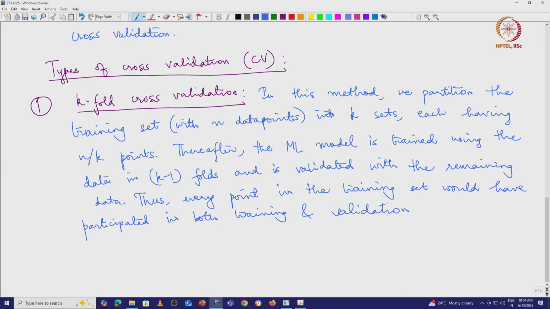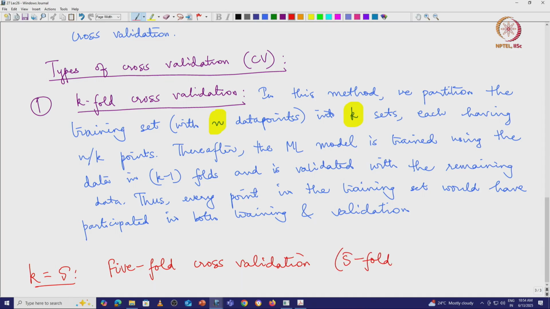Okay. So, this k of course is a number that you need to set. There are n data points and k folds, so you need to set k. Popular choices of k are, let us say, k equal to 5. If you choose k equal to 5, then it is called 5-fold cross validation, or 5-fold CV in short.